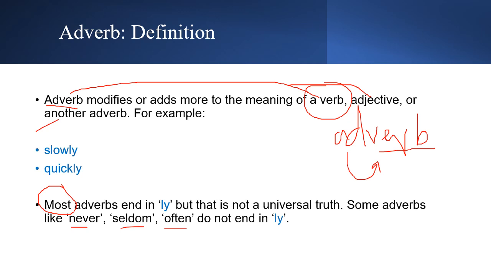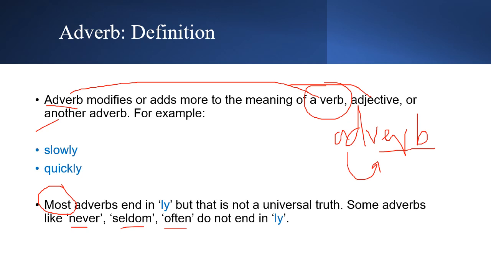But as I said, not every adverb ends in ly. Most of the ly words are adverbs, but some which do not end in ly are also adverbs.